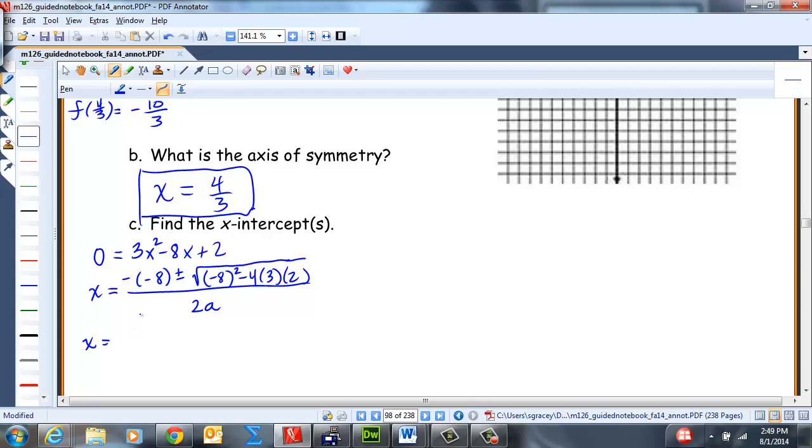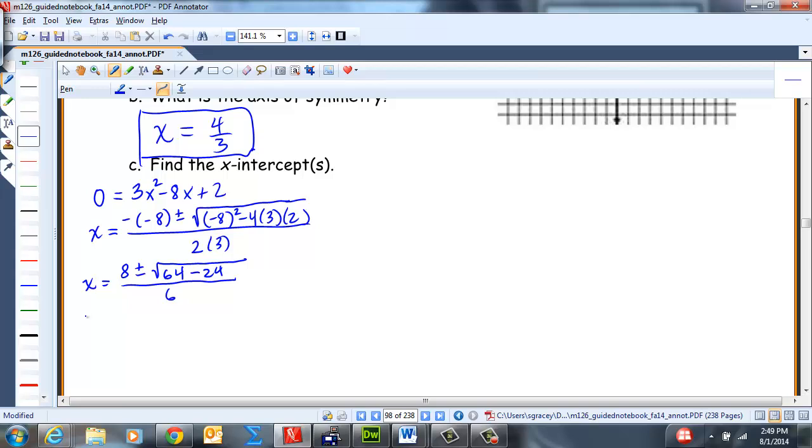So x will be positive 8 plus or minus the square root of 64 minus 24. Oh, my bad. A was 3, so 2 times 3. So that's over 6. So we're going to get x is equal to 8 plus or minus root 40 all over 6.